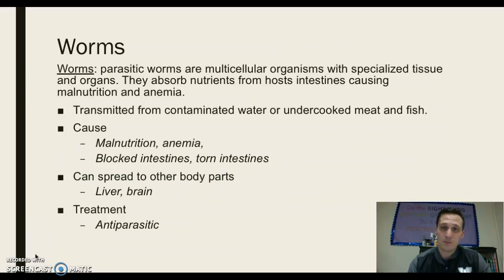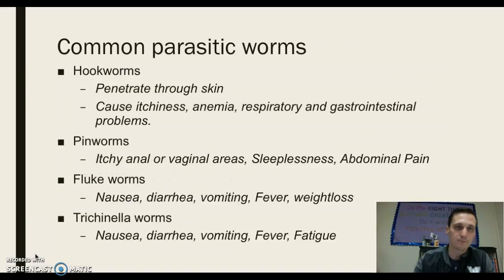So eating something that hasn't been thoroughly cooked or cleaned, or water that hasn't been sanitized right, allows these worms to survive, and then you consume them. This causes malnutrition, anemia, and they can build up so much in number that they block or even tear your intestines. They can spread to other body parts like the liver and brain, moving throughout the body and causing more problems. Treatment is antiparasitic medications.